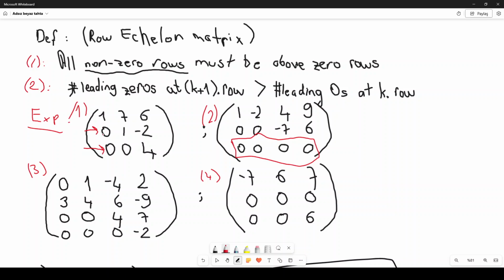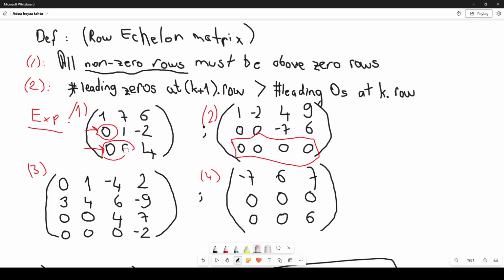And this is the case when we look at this first matrix carefully. In the third row, I have 2 leading zeros, and in the second row, I have 1 leading zero, which means the number of zeros is strictly greater than in the row above, right?